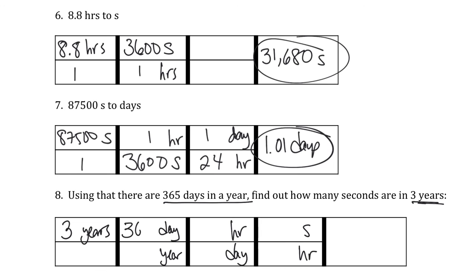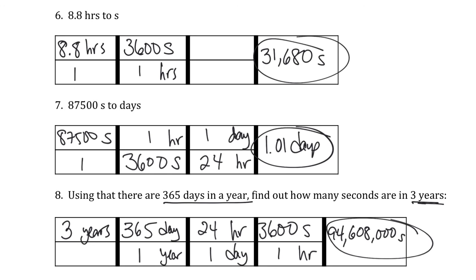So there's 365 days in a year, which is given in the problem. In 1 day, there's 24 hours, and in 1 hour, there's 3,600 seconds. And I believe you get something like 94,608,000 seconds. And there you go. Hope that helped.